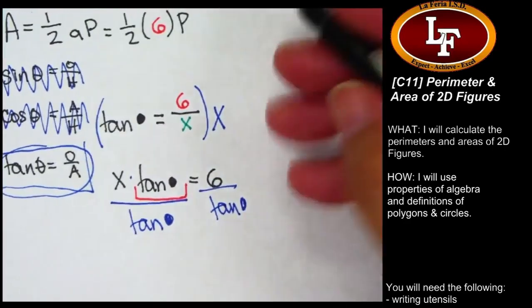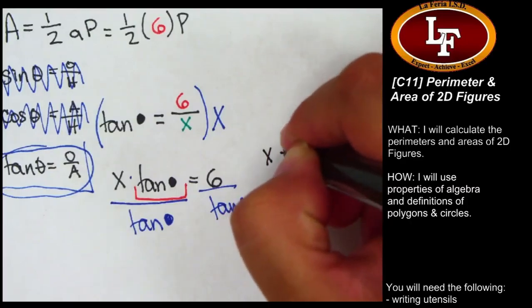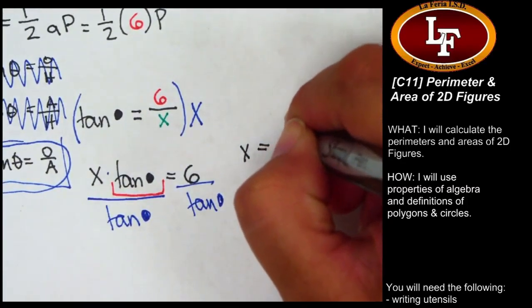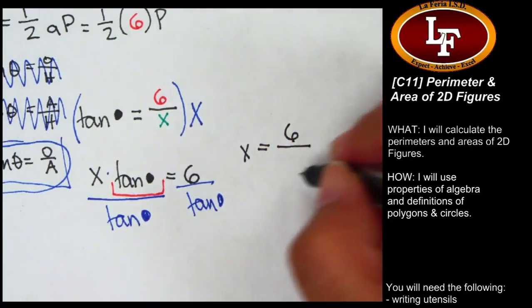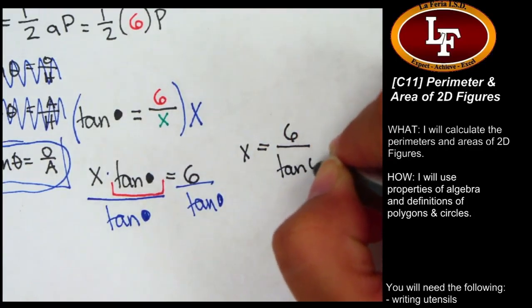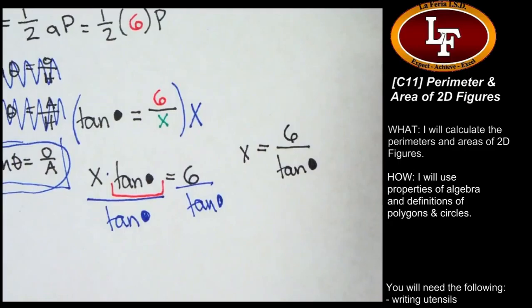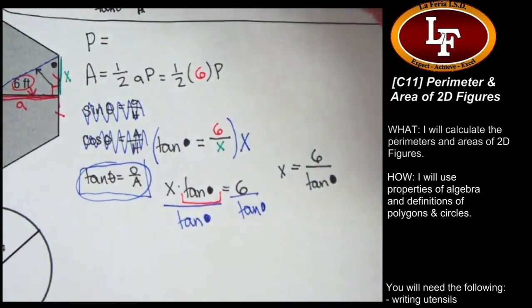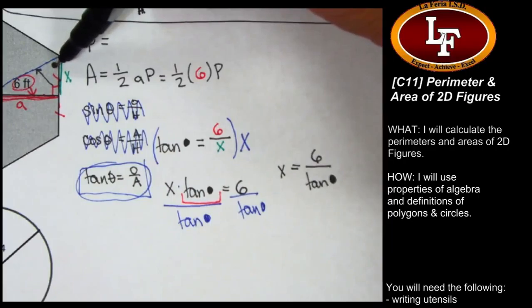And so the measurement of x, which is the side length that we're looking for, will be given by the measure of the apothem divided by the tangent of that angle that we were looking at earlier. Reminding you, the angle in question is this one right here.